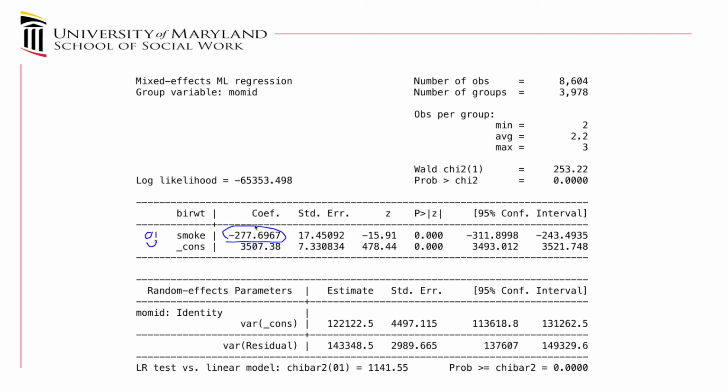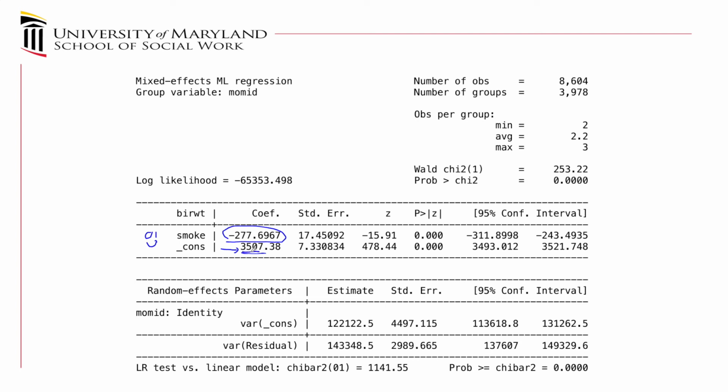Now, to get an estimate for a non-smoking mother, that's this right here. The estimated birth weight for a non-smoking mother is 3,500. The estimated birth weight for a smoking mother is, no, I'm sorry, I'm being overly pessimistic, about 3,300 grams.